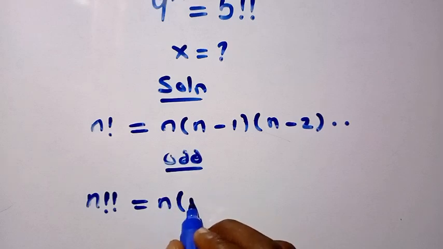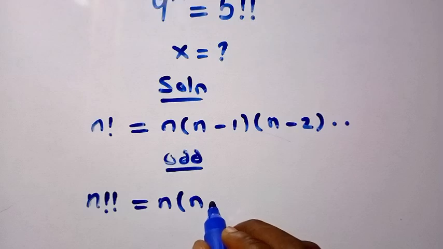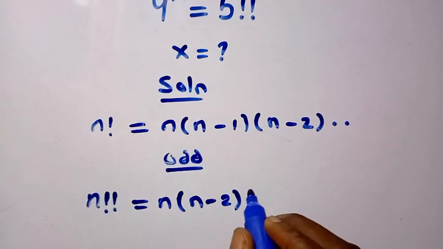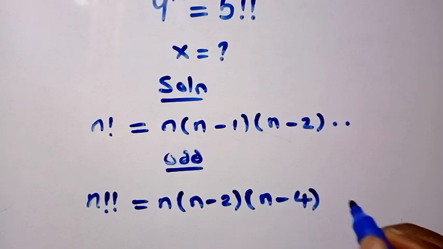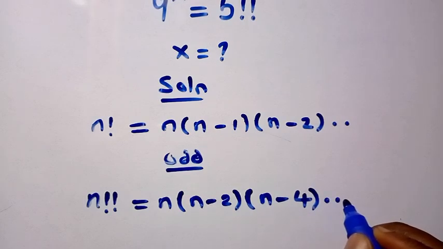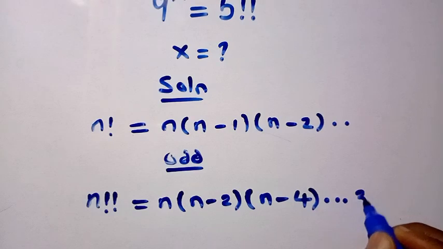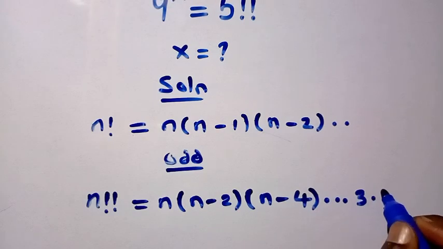So this is n into bracket of n minus 2, and here is n minus 4. And that's how it continues till it comes to the odd number, which is 3 multiplied by 1.